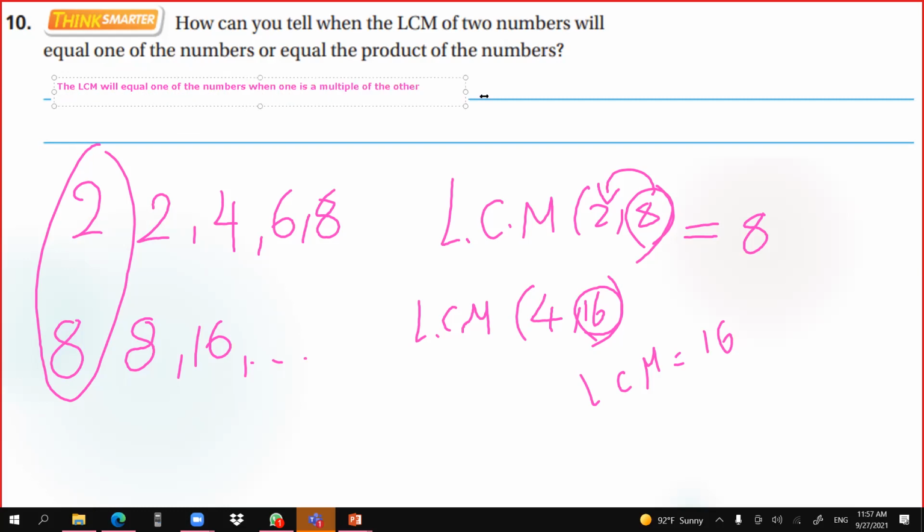As you see in this example, the LCM will equal one of the numbers, like 2 and 8, because 8 is a multiple of 2, so the least common multiple will be number 8. Now 4 and 16, because 16 is a multiple of 4, that means the least common multiple will be number 16. Is it clear?